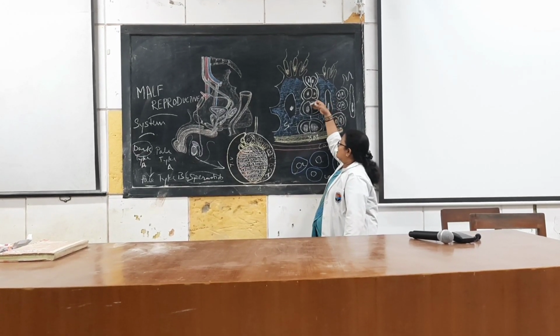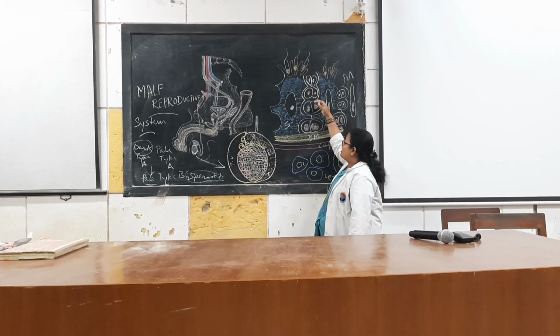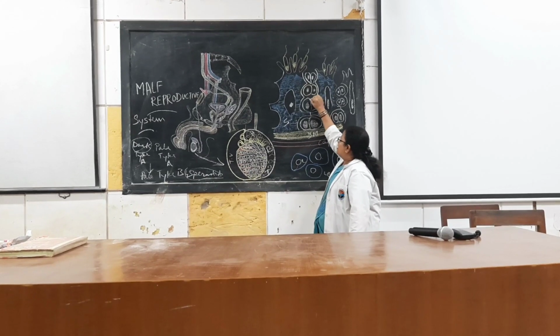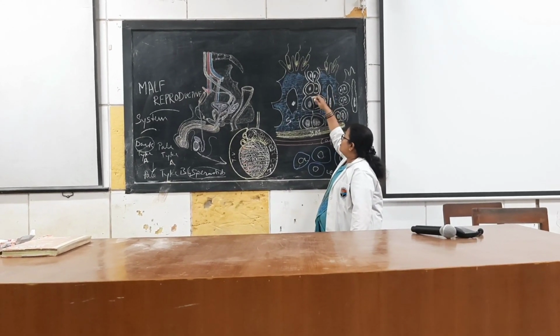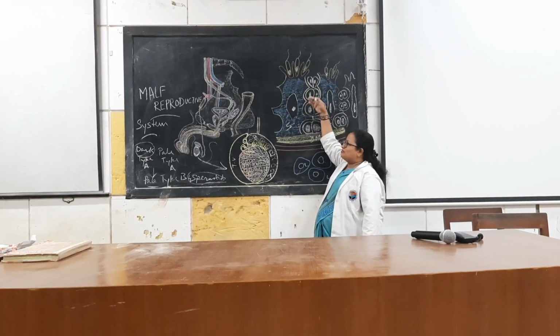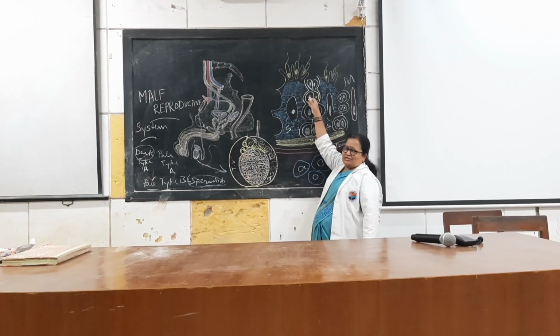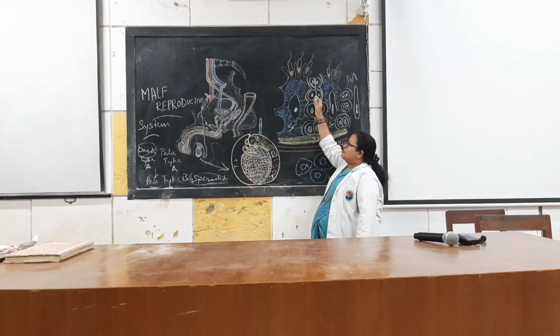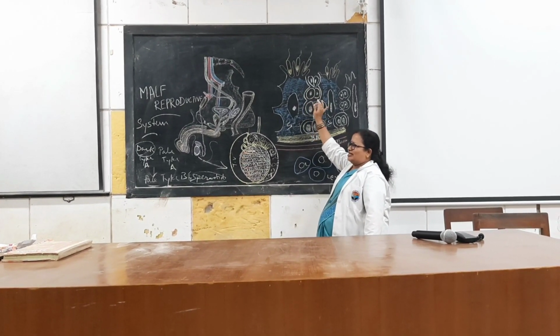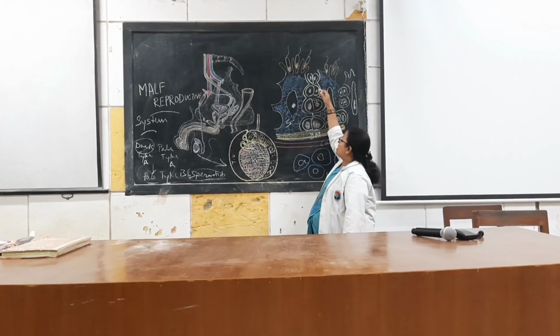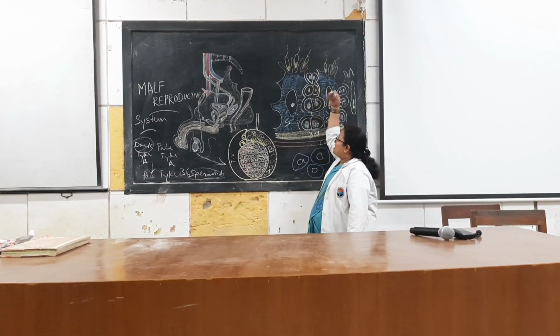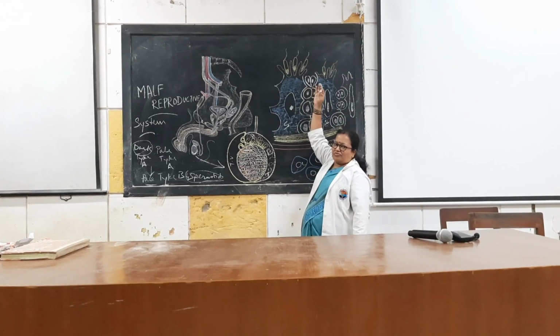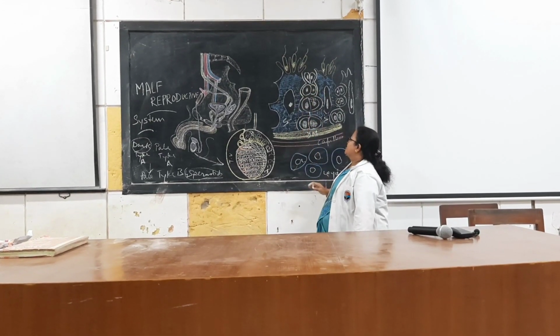This primary spermatocyte has a 2N nucleus. It undergoes a reduction division, that is the first meiosis, to form the secondary spermatocyte. Usually we don't find secondary spermatocytes in large numbers because they rapidly undergo the second meiotic division to form the spermatids.